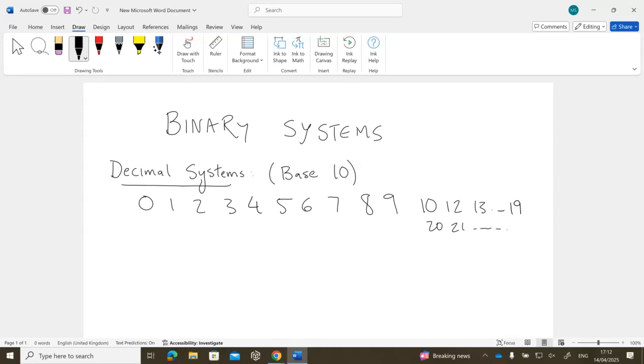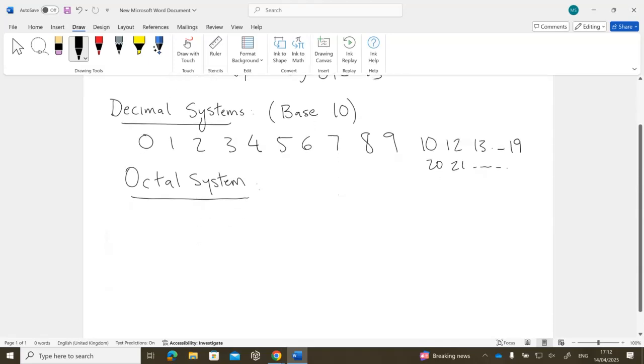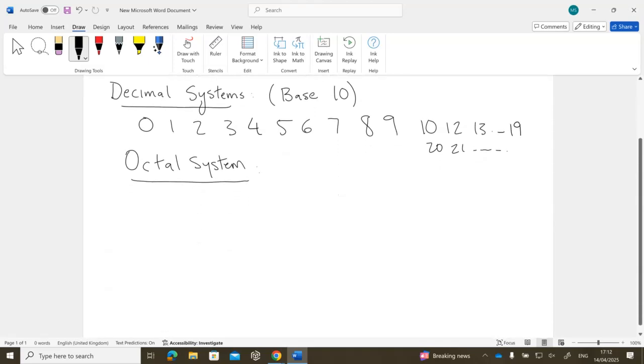Okay, so the second system is called the octal system. What base is this? 8. Write down. Octal system is base 8. So what all numbers should you have? 0, 1, 2, 3, 4, 5, 6, and 7.